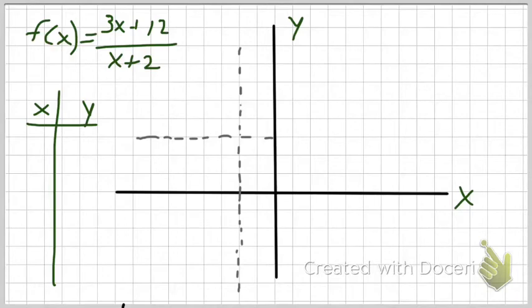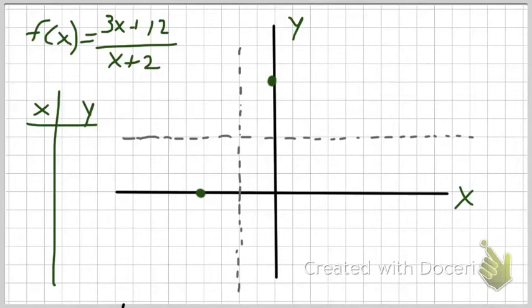So our graph is going to get close here, but again, no touching. Let's plot our x-intercept. It was at -4 that we touched the x-axis. Let's also plot our y-intercept. Our y-intercept is 6, so we'll plot that on the y-axis.